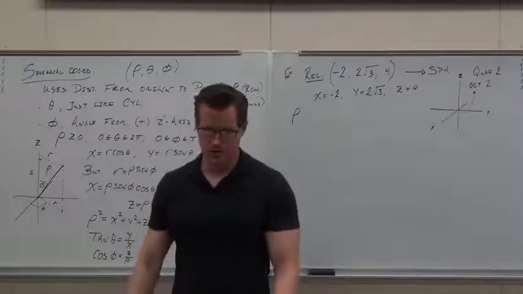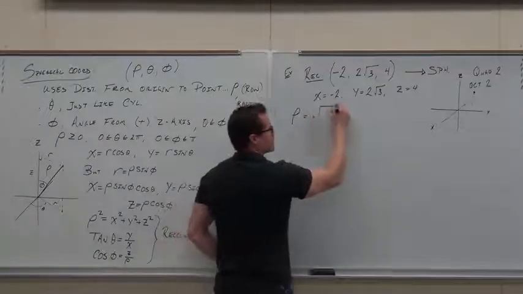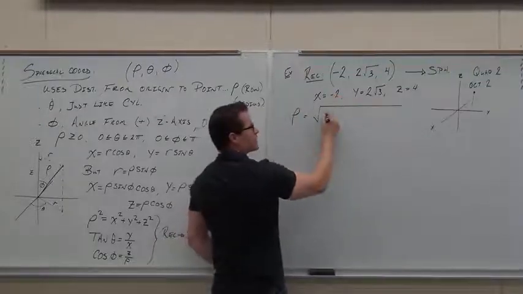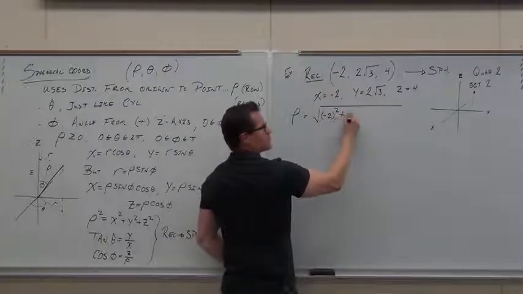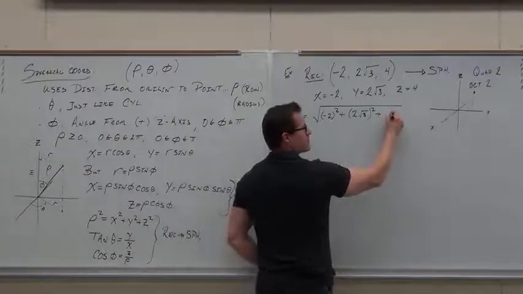So let's go ahead and find our rho. To find rho, we're going to take the square root of x squared plus y squared plus the z coordinate squared.